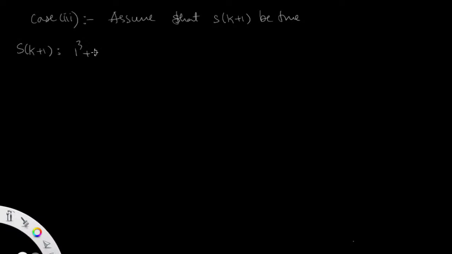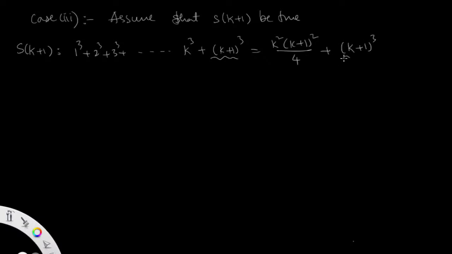In the next step, case 3: assume that S(k+1) is true. S(k+1) is nothing but 1³ + 2³ + 3³ + ... + k³, up to k terms are over, then here we add (k+1)³ on both sides. That is k²(k+1)²/4 plus (k+1)³, which is the total expression for k+1.